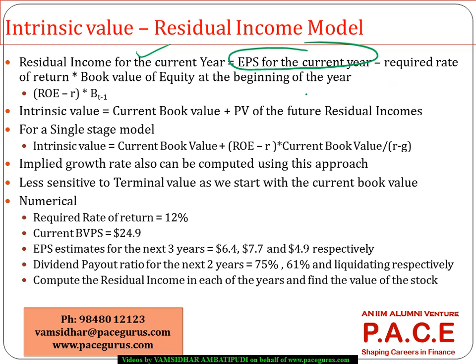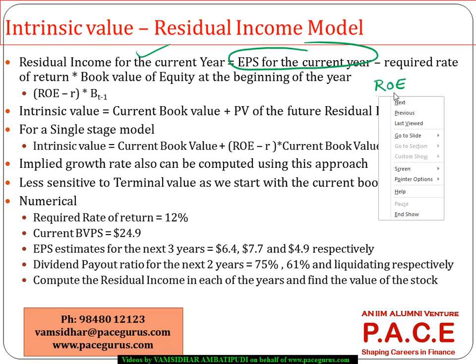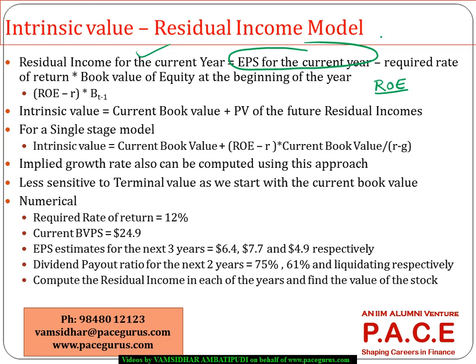The other way of looking at it: when I am talking about EPS, we are talking about earnings, which is net income divided by the equity capital, right? When I divide this by the number of shares, it directly comes out.